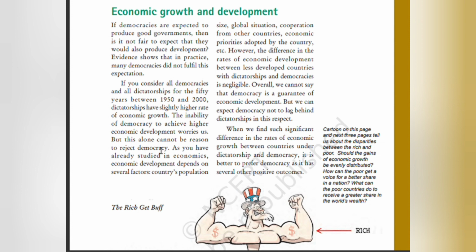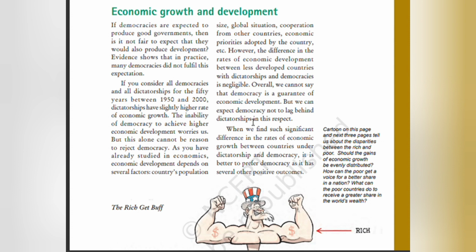As you have already studied, economic development depends on several factors: country's population size, global situations, cooperation from other countries, economic priorities adopted by the country, etc. However, the difference in the rates of economic development between less developed countries with dictatorships and democracies is negligible. Overall, we cannot say that democracy is a guarantee of economic development.